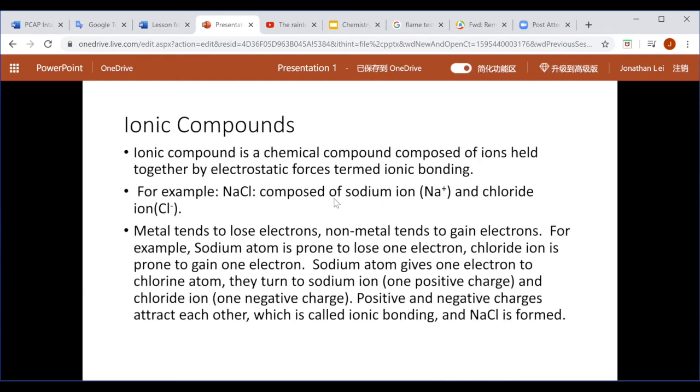An ionic compound is a chemical compound composed of ions held together by electrostatic forces termed ionic bonding. For example, sodium chloride. We have just discussed ions, so this should be easier. Sodium chloride is composed of a sodium ion and a chloride ion.